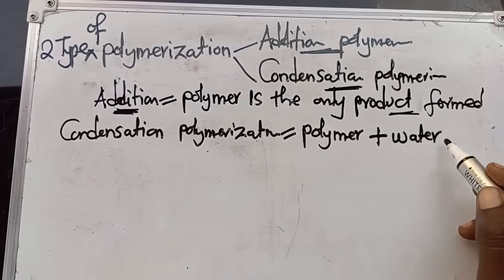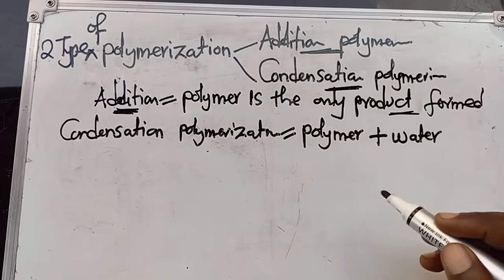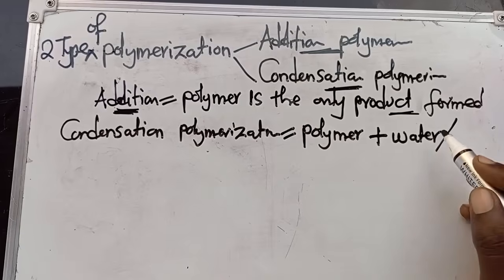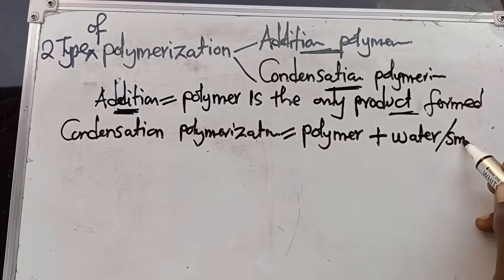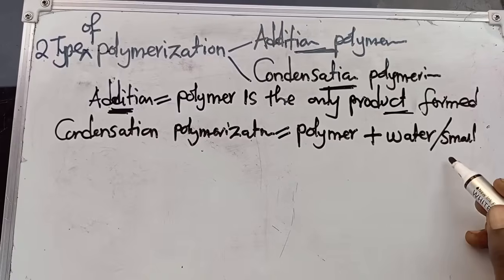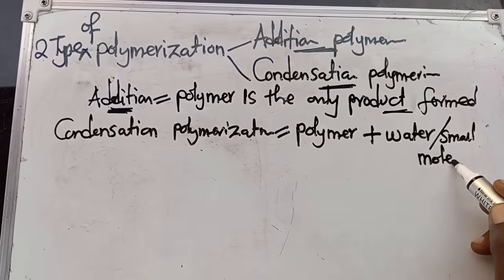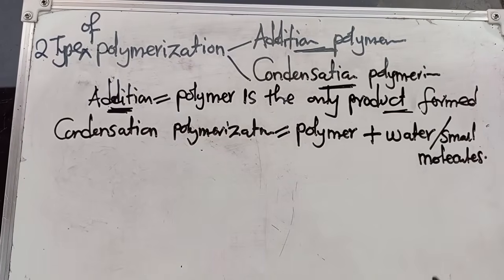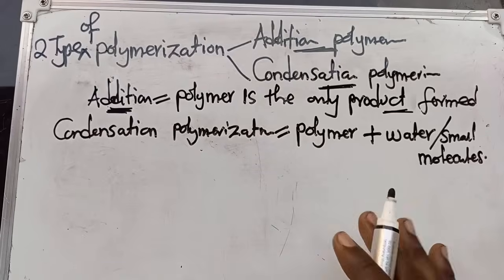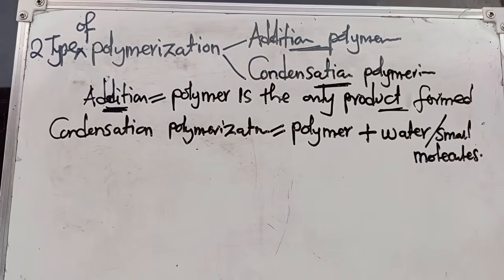So water gets to be formed as a product, or we can say small molecules also get to be formed. So these are some things that you are supposed to know whenever we are talking about this.